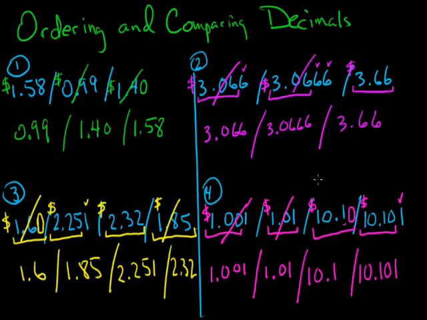Now, if you want to compare two decimals, if you ever have to, use your alligator mouths to say which one is greater than or less than, that's very easy also. And I'll just do one quick example to end this video.